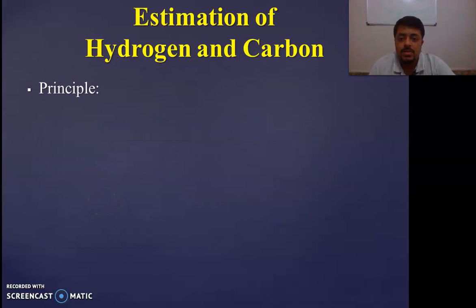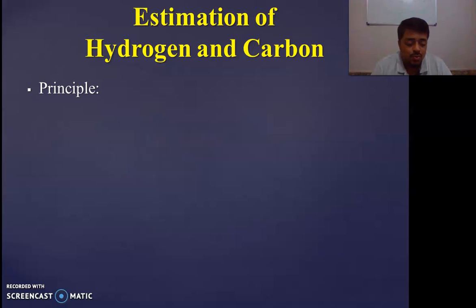First we'll be discussing hydrogen and carbon. The principle is that a known weight of coal sample is oxidized with the help of pure oxygen, and the carbon and hydrogen of the coal are converted to CO2 and H2O respectively.